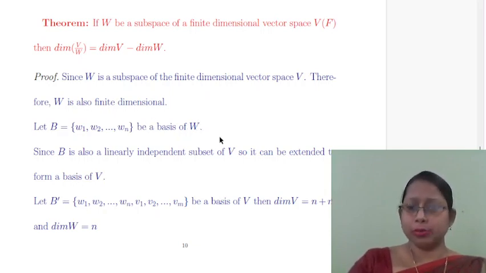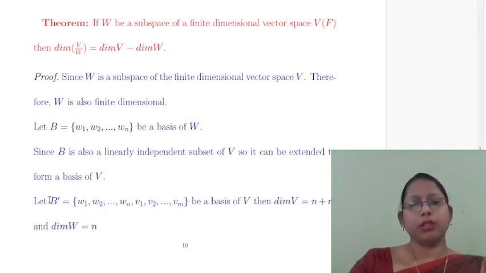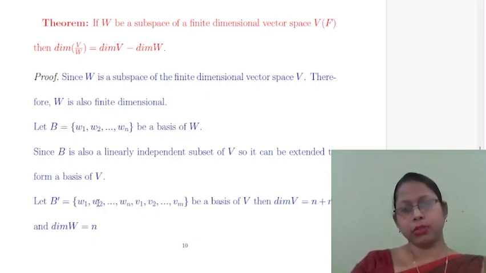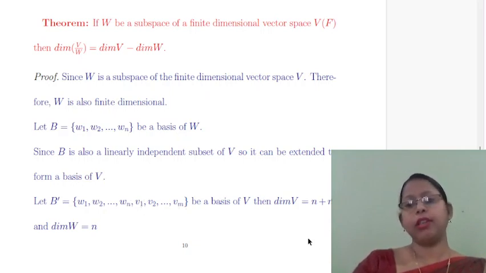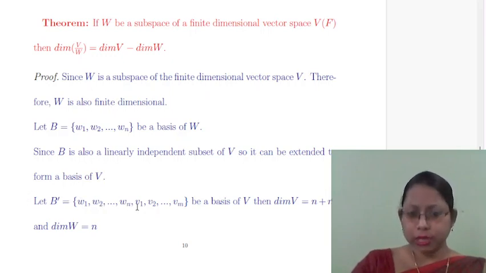As it is a basis, it is linearly independent, and the linear span of B is equal to W. And W is a subspace of V, so B is a linearly independent subset of V. By the extension theorem, this linearly independent set can be extended to form a basis of V. So consider B' = {W1, W2, ..., Wn, V1, V2, ..., Vm} to be a basis of V. Then the dimension of V will be the number of elements in B', that is n plus m.